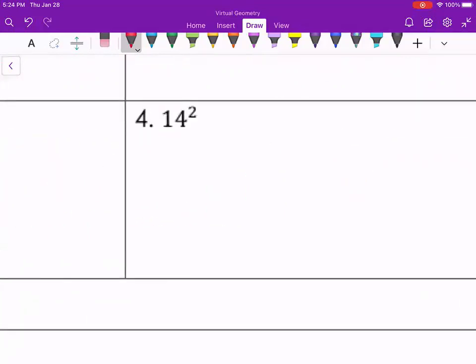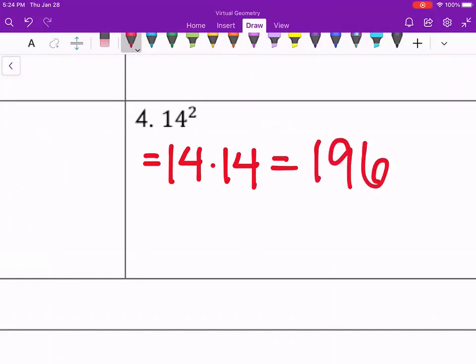And then maybe one that we're not quite so familiar with, 14 squared, which is the same as 14 times 14, for 196. So again, that's dealing with your exponents.